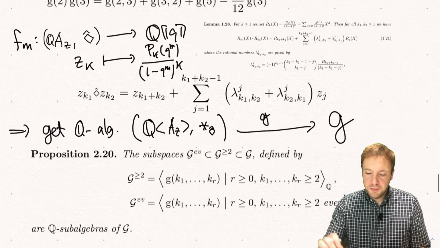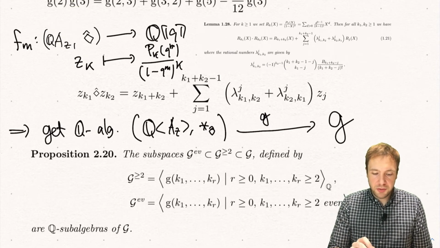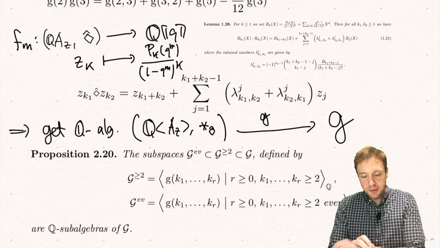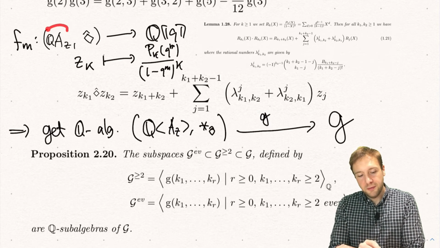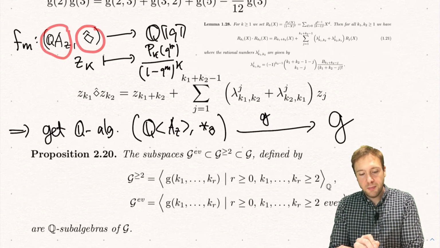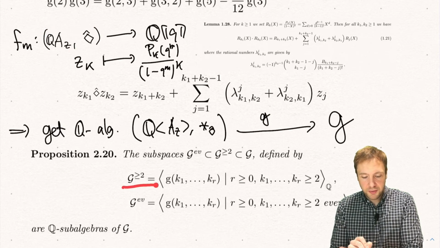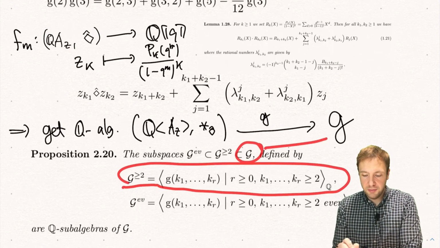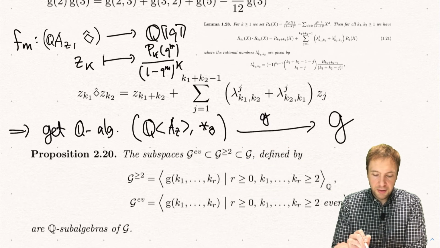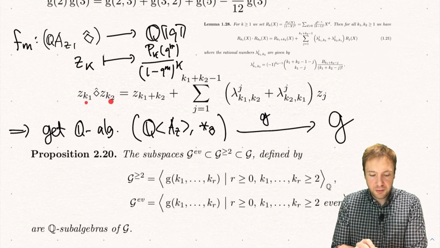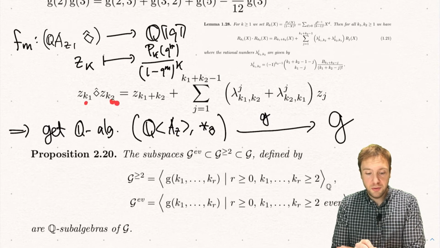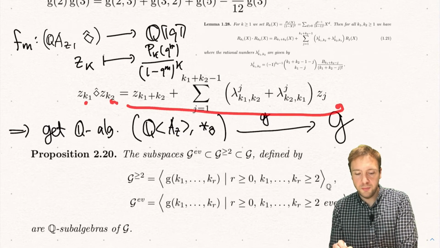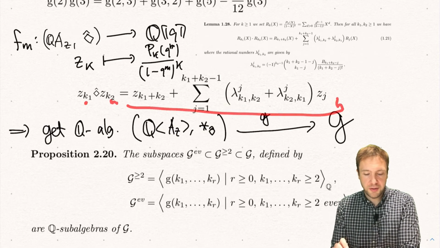And the reason for this is, so we need to check that these spaces of letters are closed under this diamond. Meaning, to show that this is a subalgebra of our space G, we need to check that if I start with two k's which are greater or equal to 2, then this will also be a linear combination of letters greater or equal to 2.